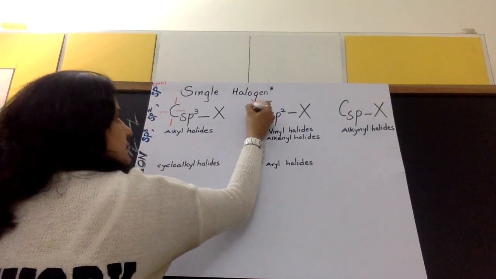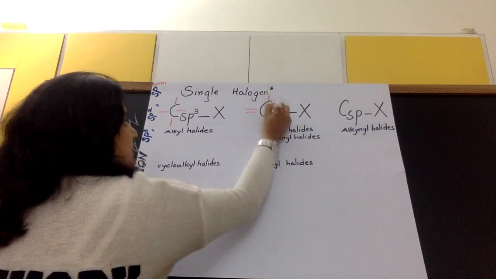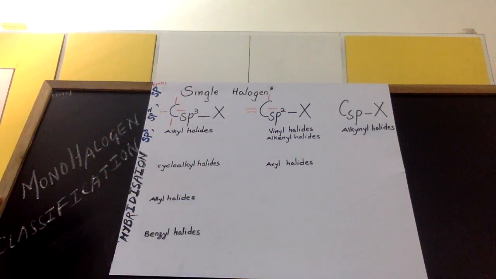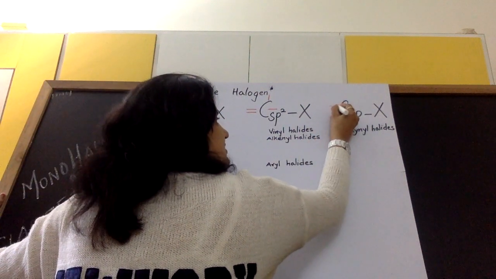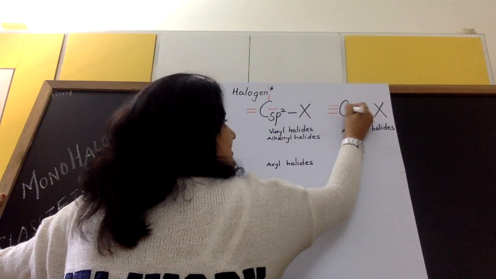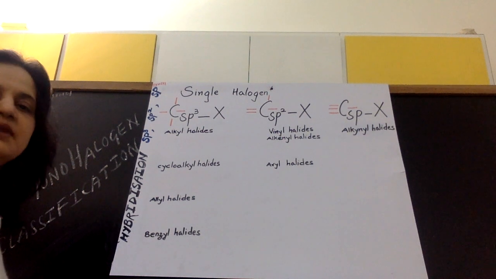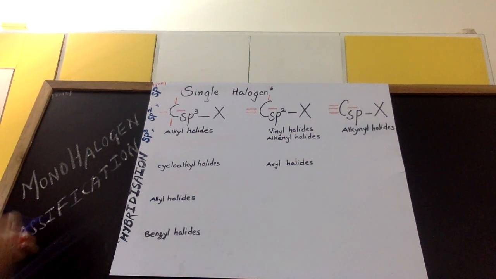A sp2 carbon will have 1 double bond and 2 single bonds around it. And sp hybridized carbon will have 1 triple bond and 1 single bond around it, or simply it can have 2 double bonds around it.